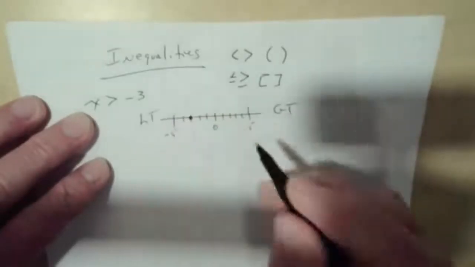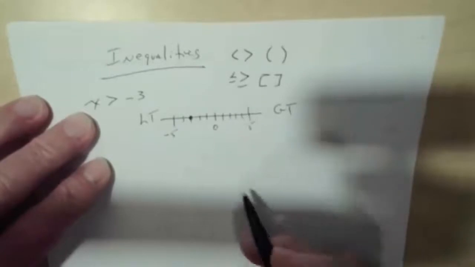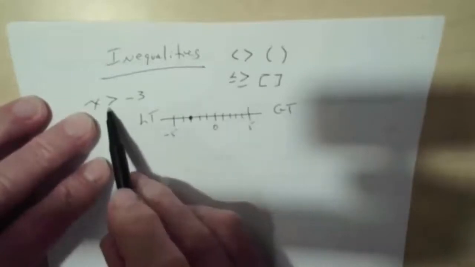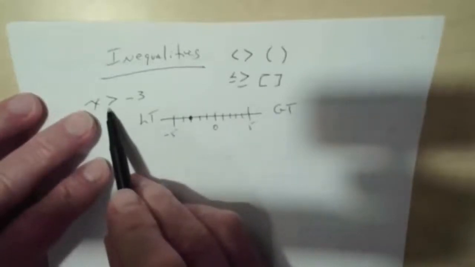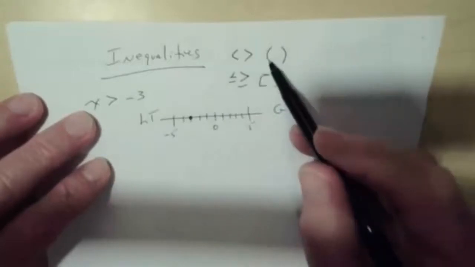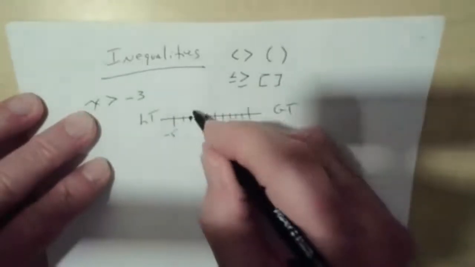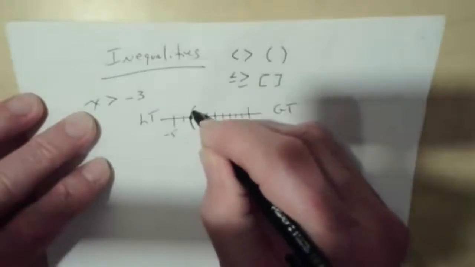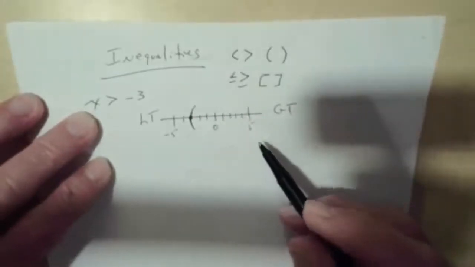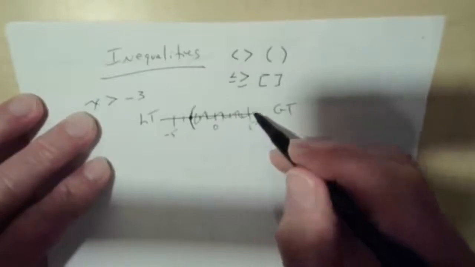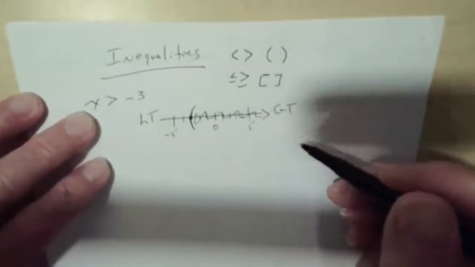So if x is greater than -3, do we use parentheses or a bracket? Parentheses, greater than. And what numbers are greater than -3? All of these numbers.